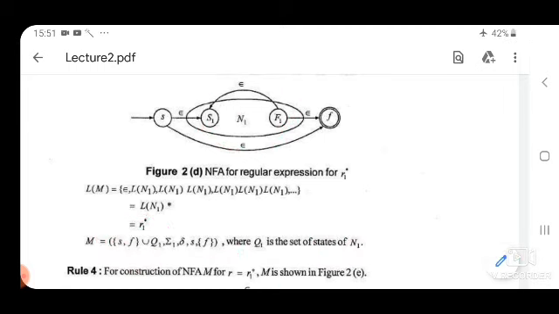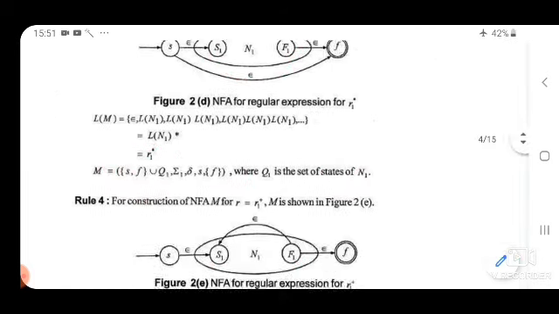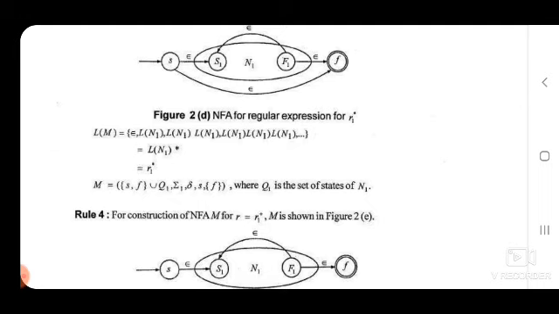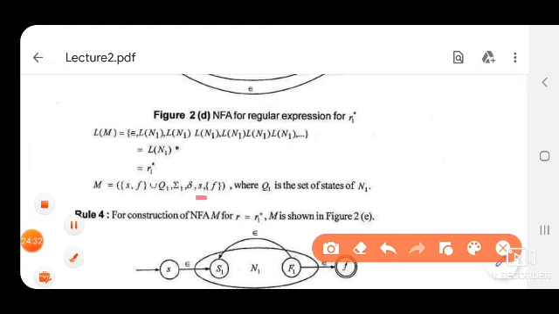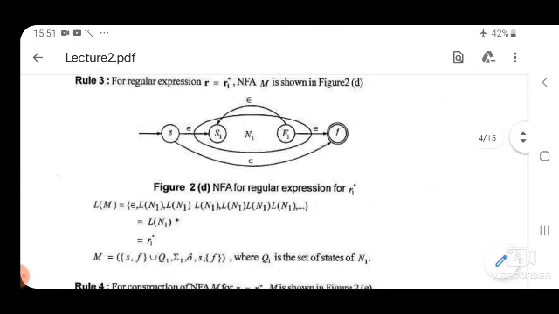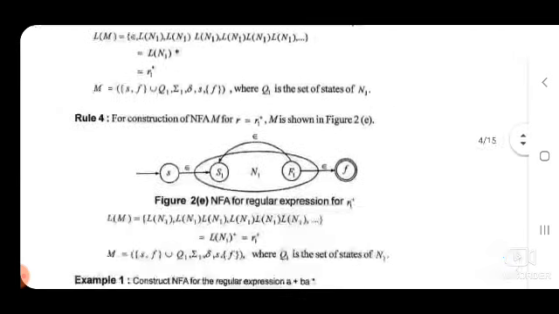Then sigma 1 is the set of symbols for R1, which is also the set of symbols for M. Then the starting state of the whole figure is S and the final state is F. In this way we can generate the NFA for R asterisk.